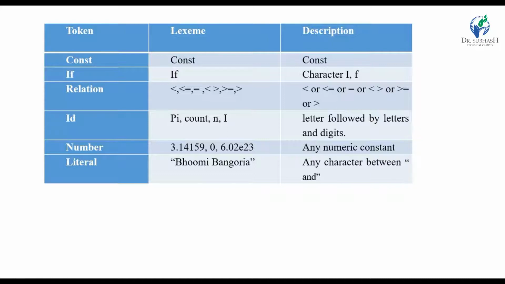You can declare A1, but you can't declare 1A, because the rule of an identifier is that it starts with a letter, not with a digit. Underscore is a valid identifier. Then any number, you can use any integer, float, or exponential number, which is a numeric constant.